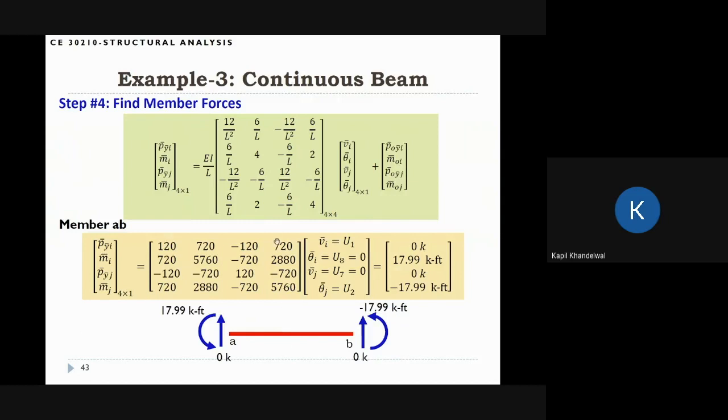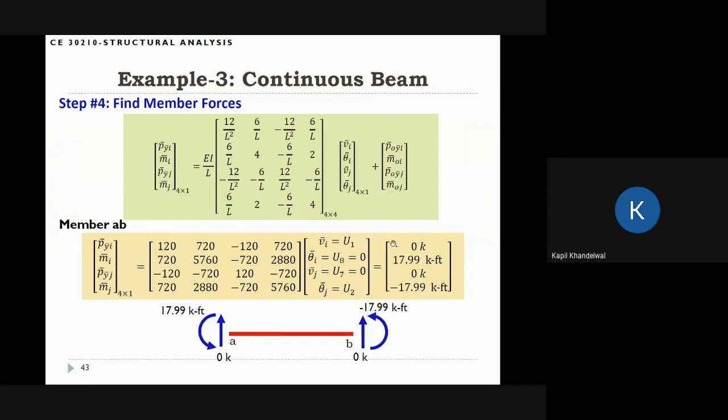So we take the stiffness matrix and multiply by the displacement vector, which for this case is U1, U8, U7, U2. You can go ahead and check it. In this case, U8 and U7 are 0. So you have to multiply the first column by U1 and the last column by U2.